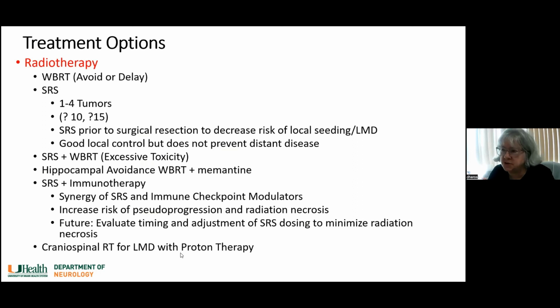Stereotactic radiosurgery is a very important tool in treating these patients. The number of tumors that can be treated certainly has increased over time. And again, the role of adding SRS prior to surgical resection is an interesting concept, and the value of that needs to be determined.